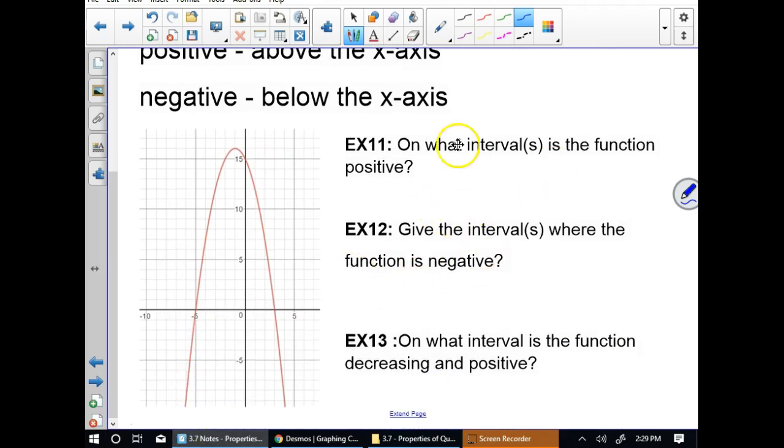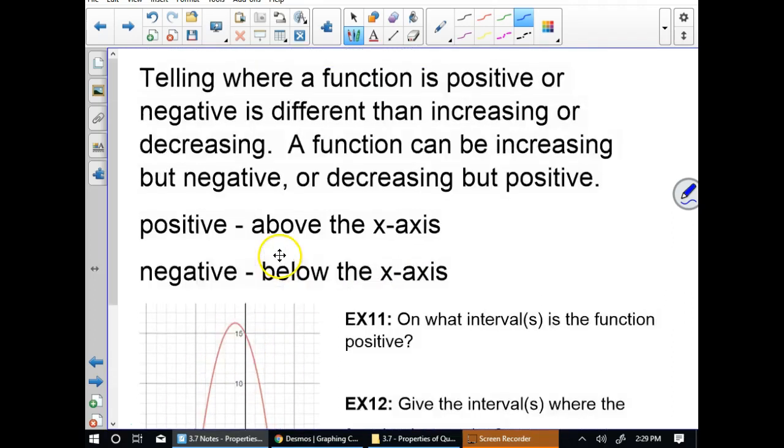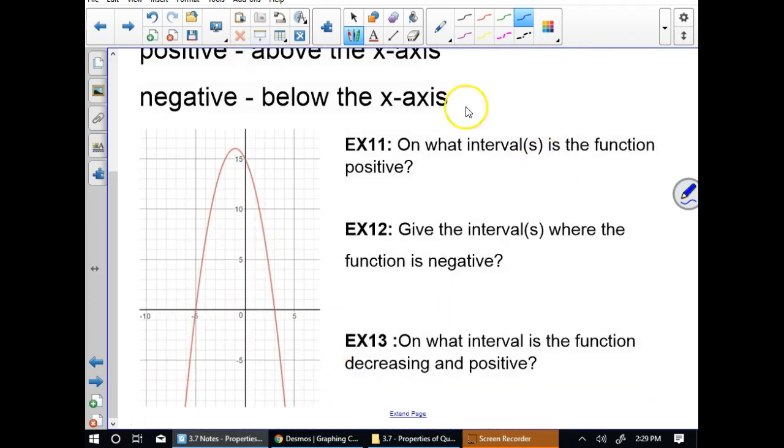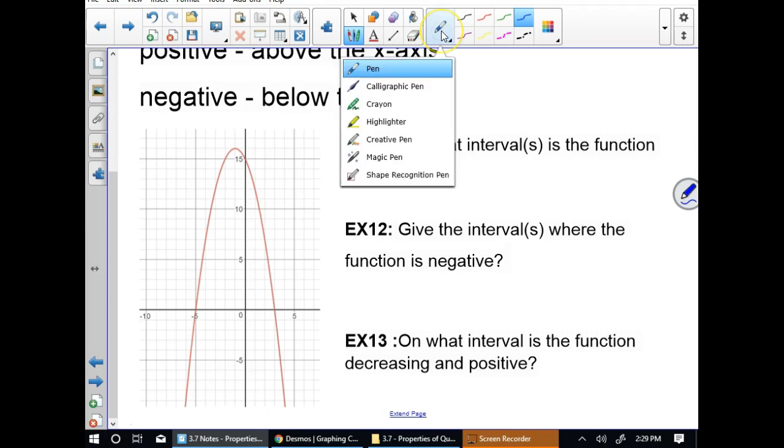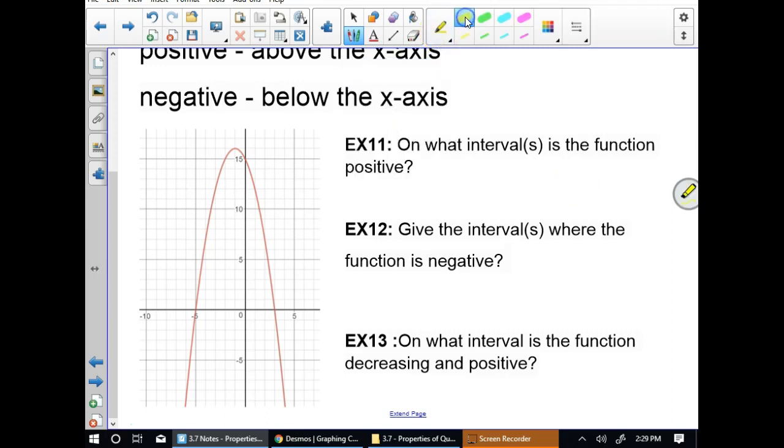So, for example 11 here, we have this picture. It doesn't really tell us what the function is, but we have a picture. We want to know on what intervals the function is positive. If I just highlight it here on the graph, the function is positive whenever it is above the x-axis.